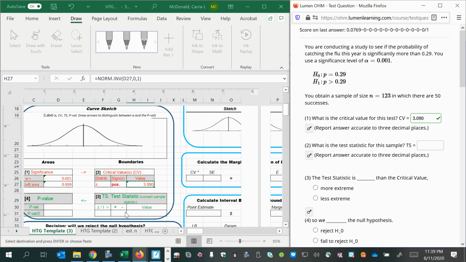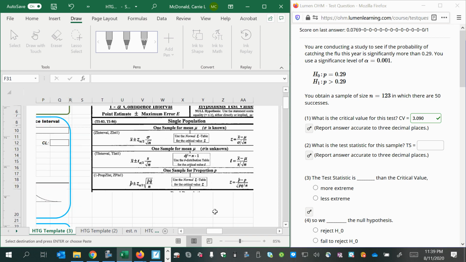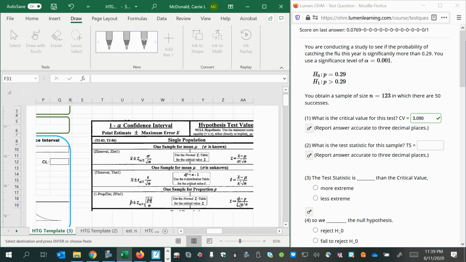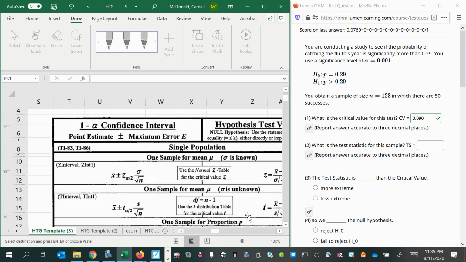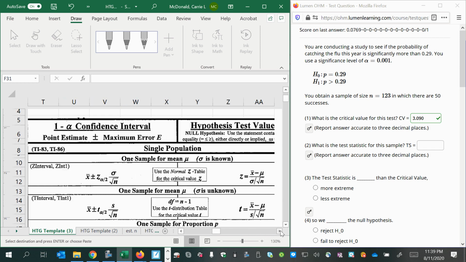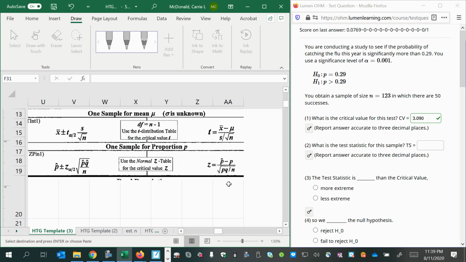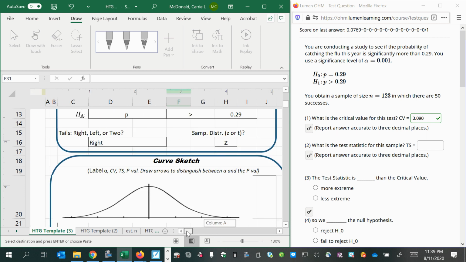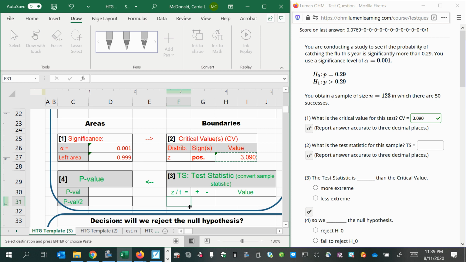Now my test statistic is something we calculate using a formula. And the formula for our test statistic for testing a population proportion claim is down here. Z equals p hat minus p over the square root of pq divided by n. So we're going to calculate that right here.